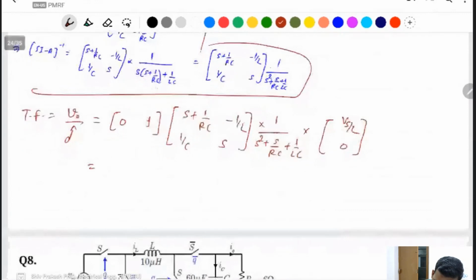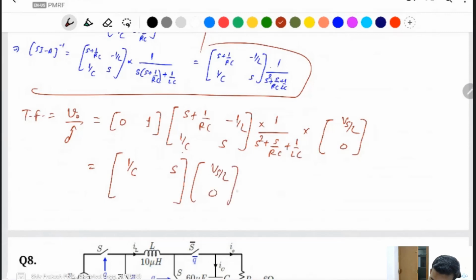Multiplying this, 0 into this one, and 1 by C into this one equal to 0, and S, take as a column, we find Vs by L, so 0 into 1 divided by S square plus S by RC plus 1 by LC.